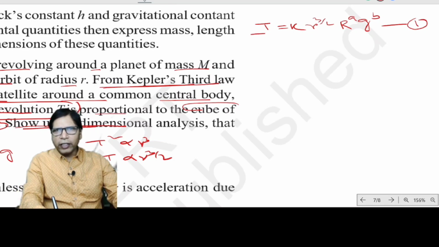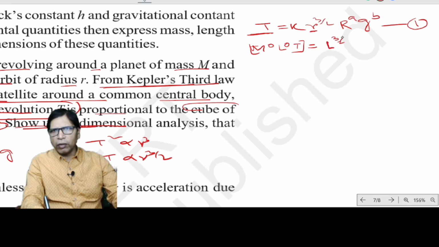Now look at this. What is the dimension of period? The dimension of period is M naught L naught T. Now k is dimensionless. Here the dimension of r is L, so this is L to the power 3 by 2. Now the dimension of radius R is also L, so L to the power a.